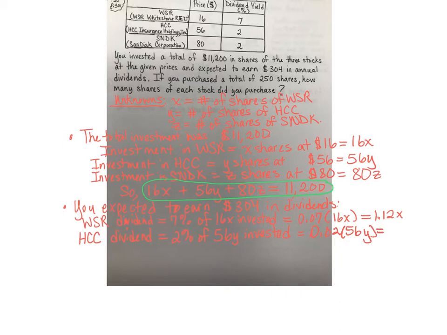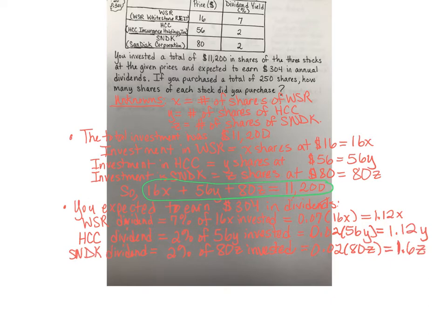That's going to give us 1.12Y. And then our SNDK dividend is equal to 2% of 80Z invested, which equals 0.02 times 80Z, which is equal to 1.6Z.